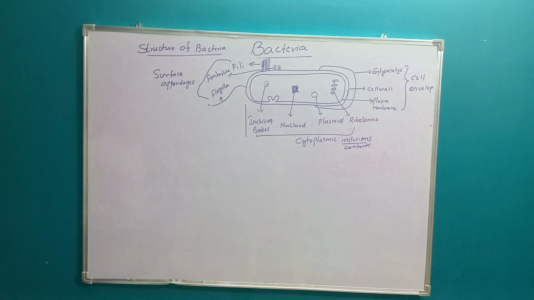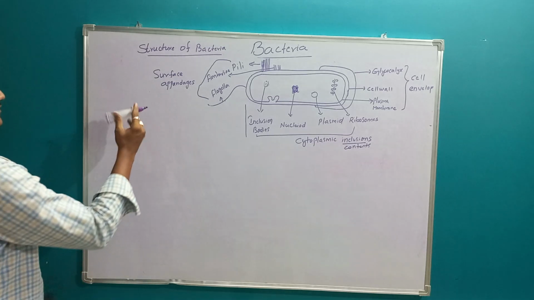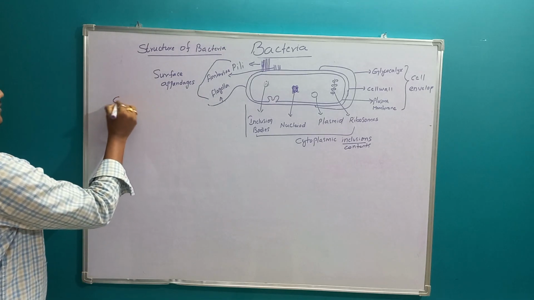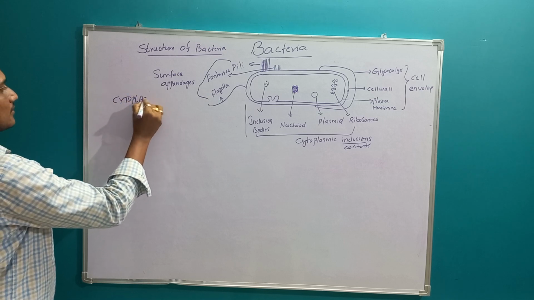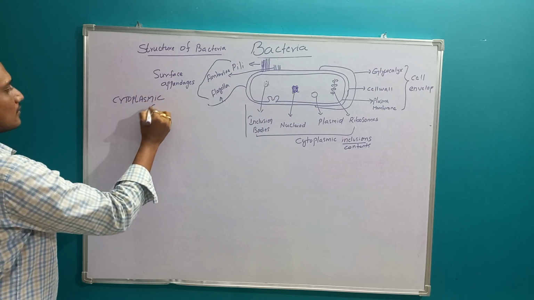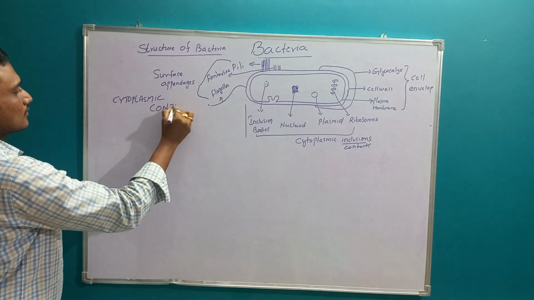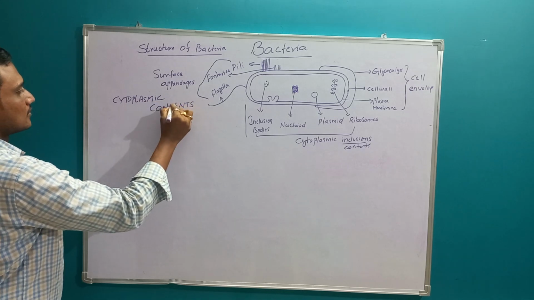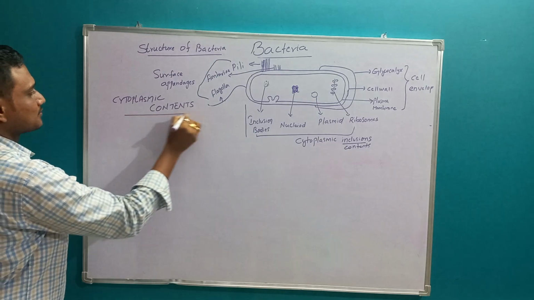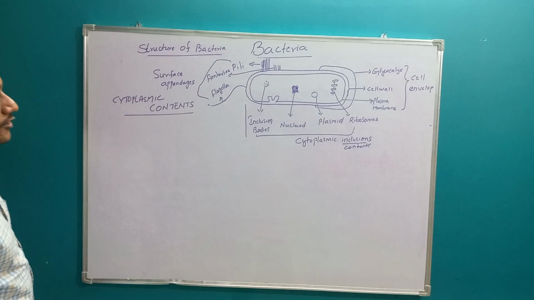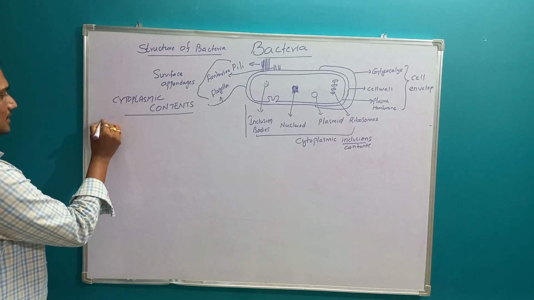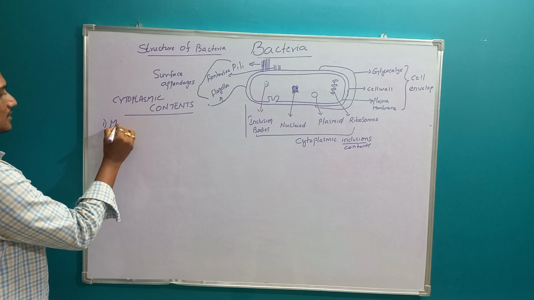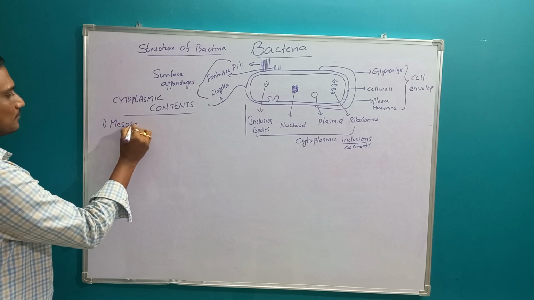Next, cytoplasmic contents. The first structure is mesosome.